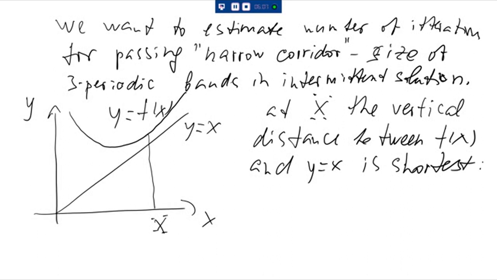So this distance I will call epsilon, the shortest distance.